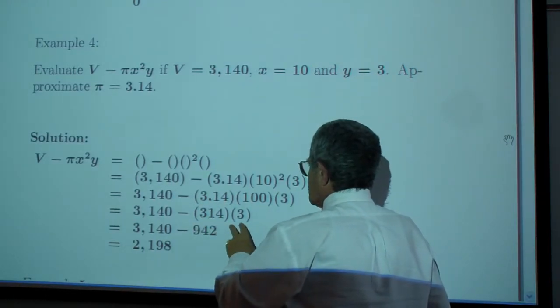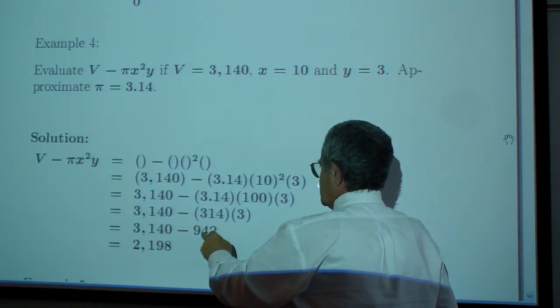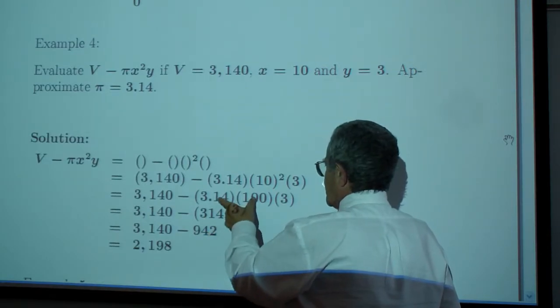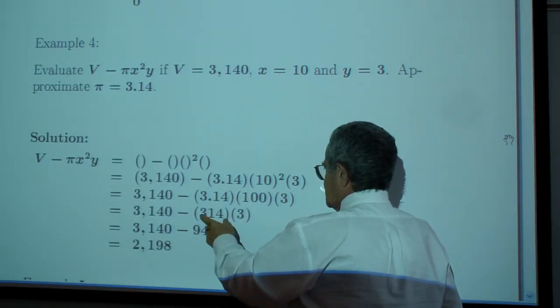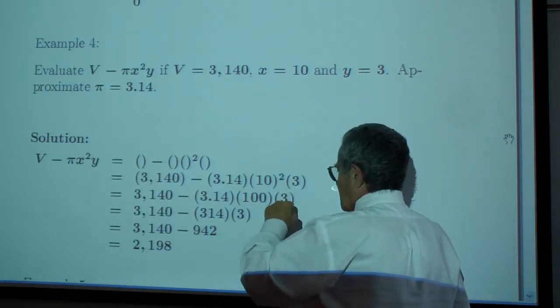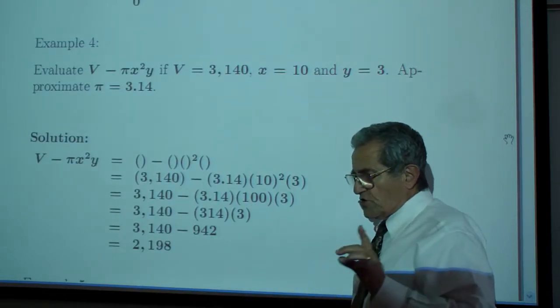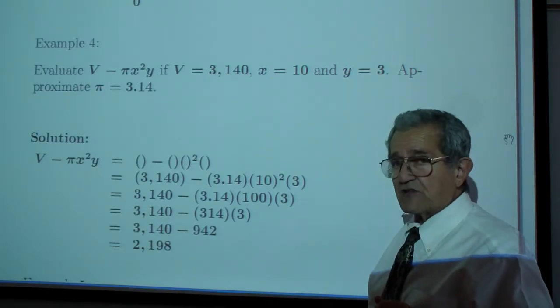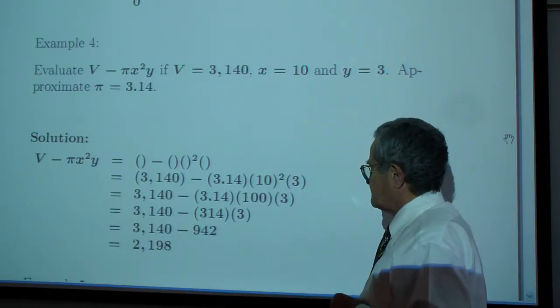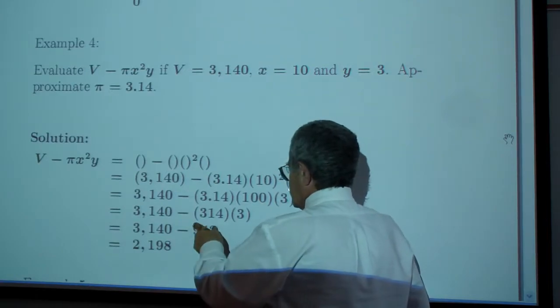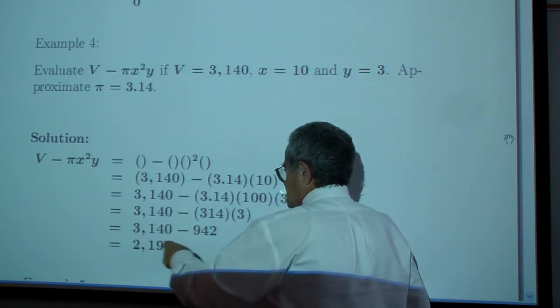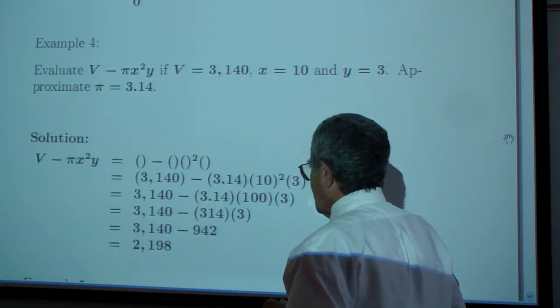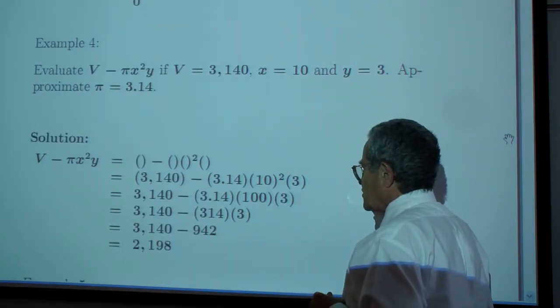So that also becomes 942. Associate these two, you get 314. Don't draw arrows. You can only distribute multiplication over addition or subtraction, not over another multiplication. So you get 942, and the difference is supposed to be 2,198.